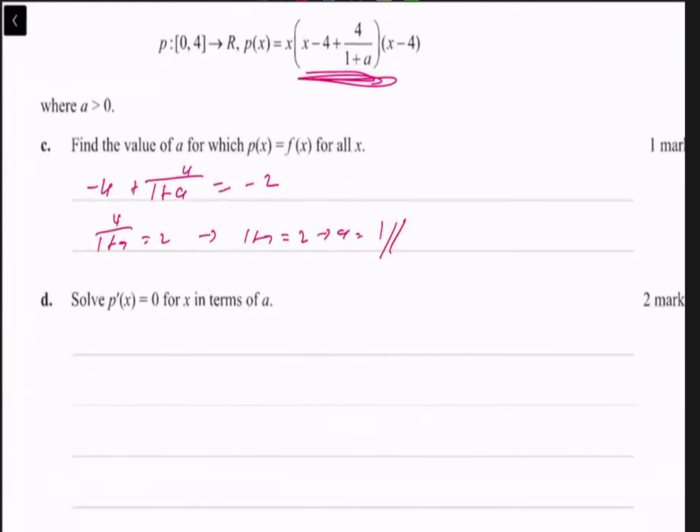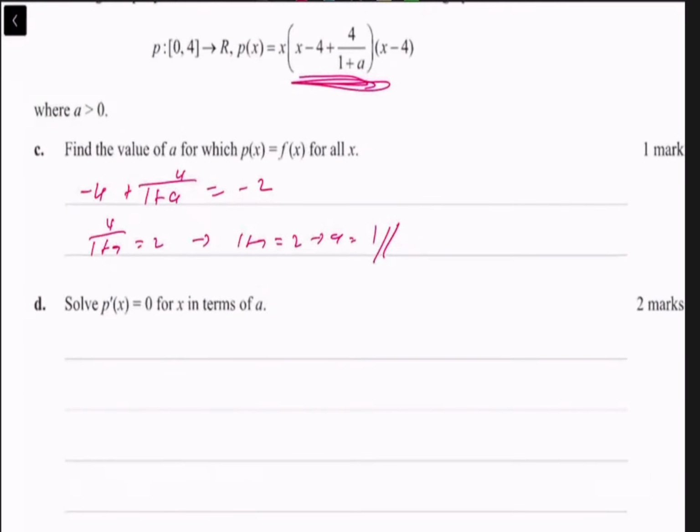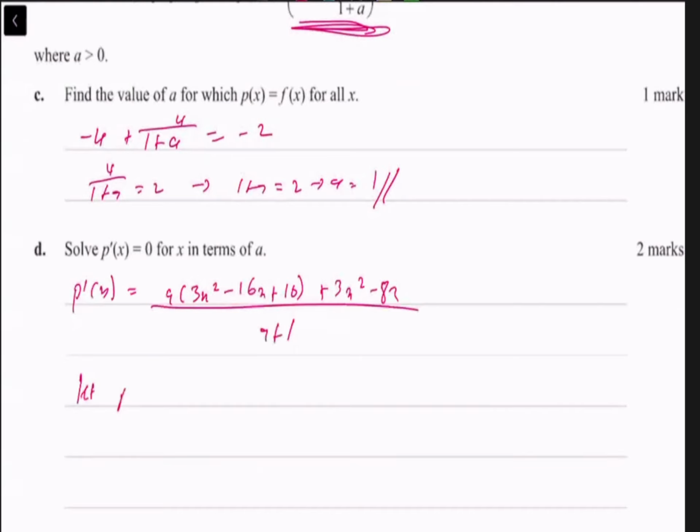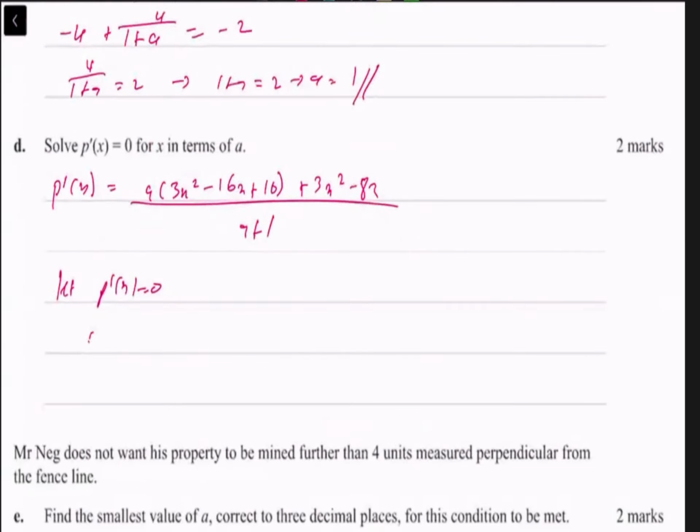So solve p dash x equals 0. p dash x, if I put this into my CAS, I'm pretty sure I did, is 3x squared minus 16x plus 16 plus 3x squared minus 8x on a plus 1. So if you let p dash x equal 0, then again, I did this on my CAS.